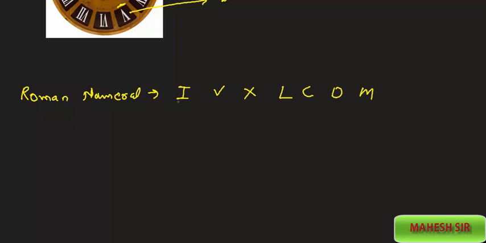These 7 basic symbols also have specified numbers in Hindu-Arabic numerals.